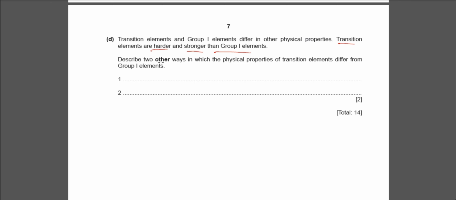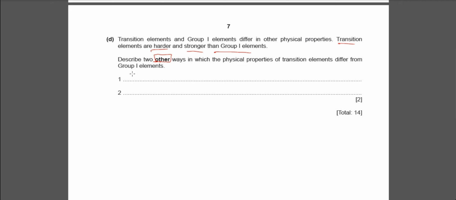Then it says describe two other. Please note, the other is bold, meaning you are not going to repeat any property the examiner mentioned. You have to write your own. So we can say they have low melting point, and as we are comparing in a proper way, describe two other ways in which the physical properties of transition elements differ from group 1. So I'm going to write in a comparison way.